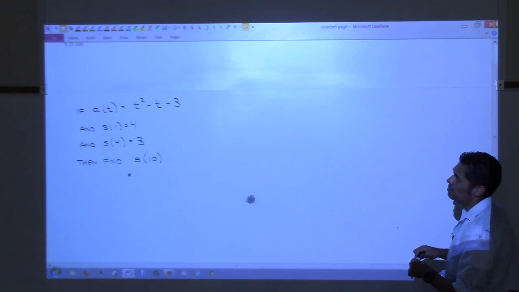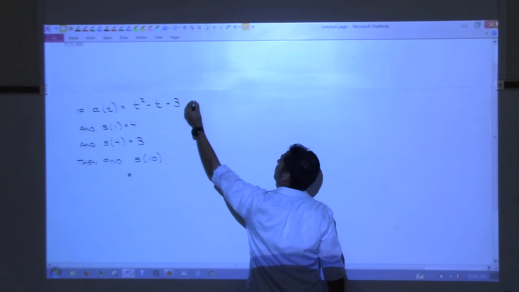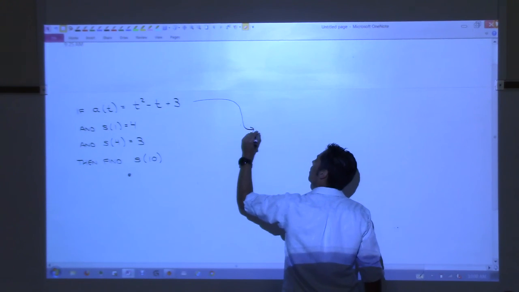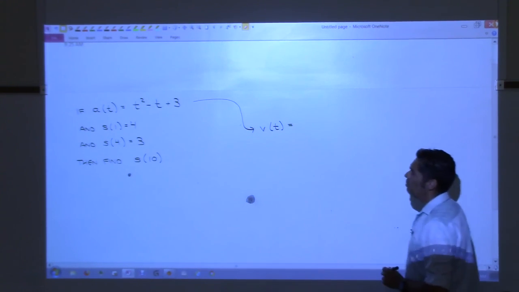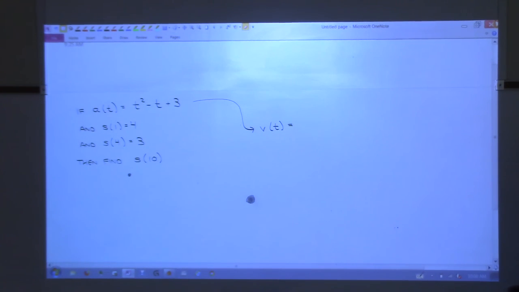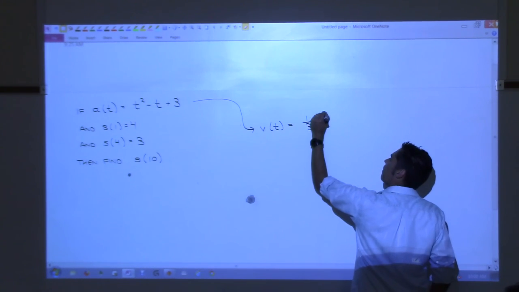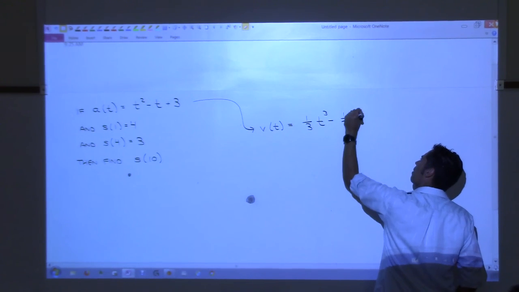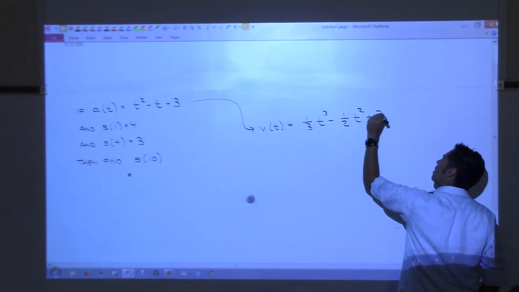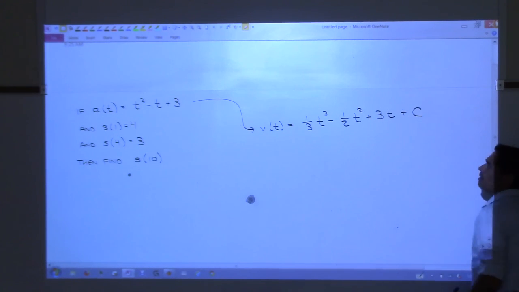First step, let's take the antiderivative, right? So the antiderivative of this will give me the velocity function. And that velocity function will be 1/3 t cubed minus 1/2 t squared plus 3t plus some constant, right?